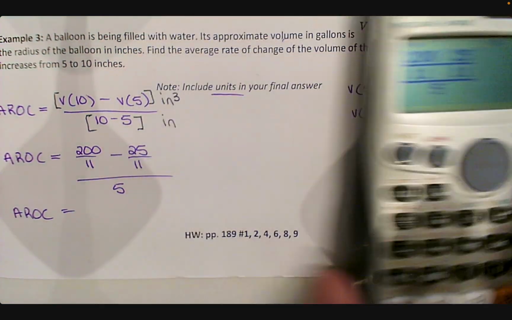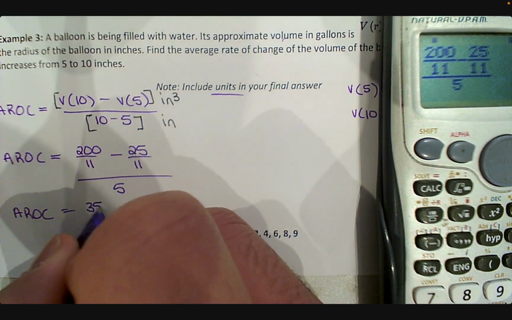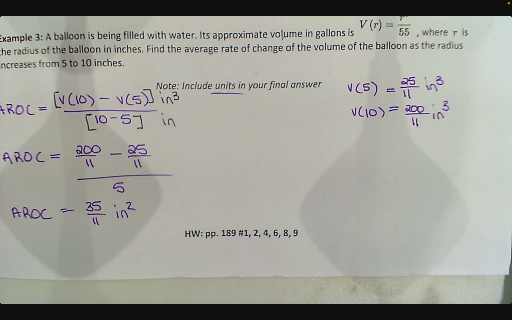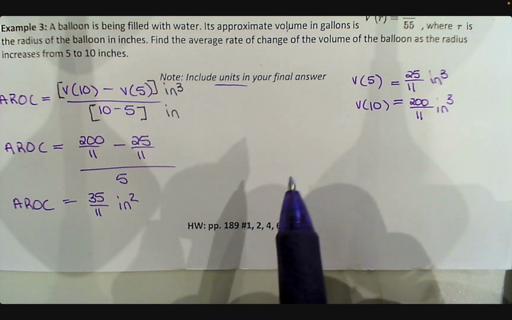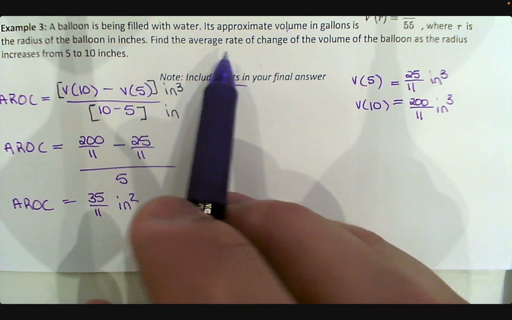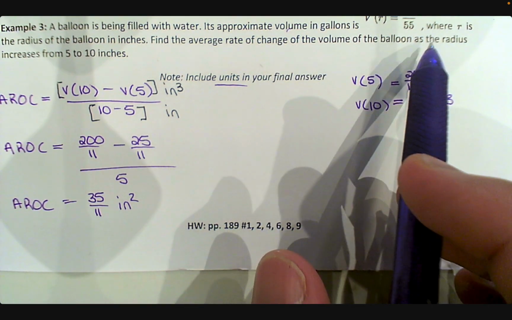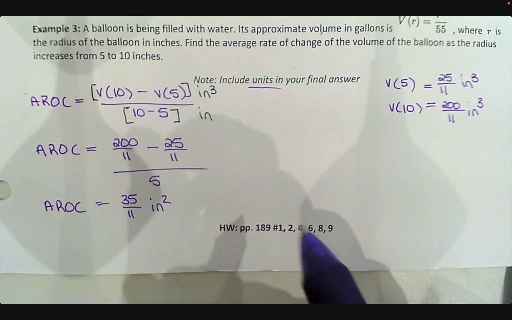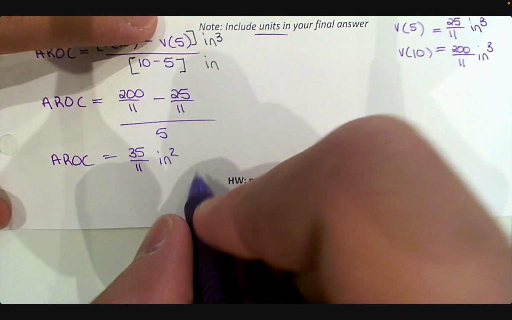And we'll say it's 35 over 11 inches squared. And so the average rate of change of the volume of the balloon as the radius increases in this case would be 35 over 11 inches squared.